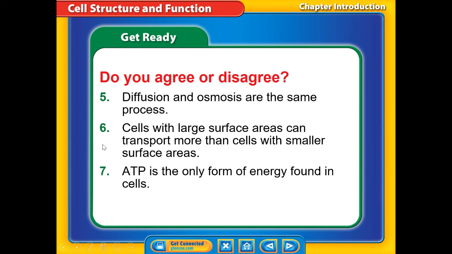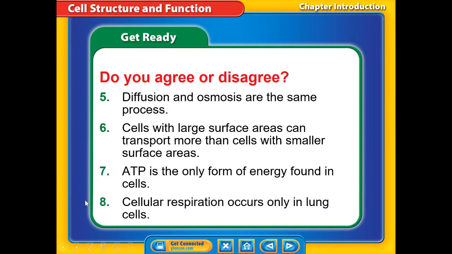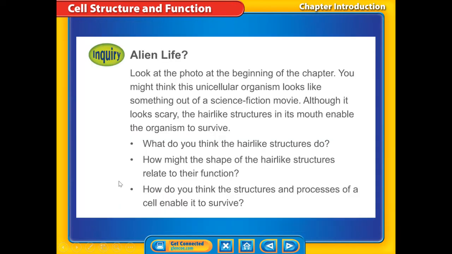I was wrong, there's 8, I think. ATP is the only form of energy found in cells. Just guess, agree or disagree. And then number 8, cellular respiration occurs only in lung cells. So those are the agree or disagree questions.